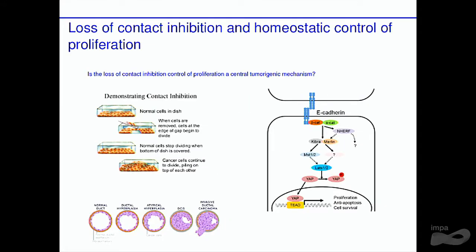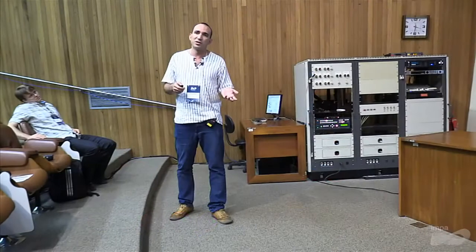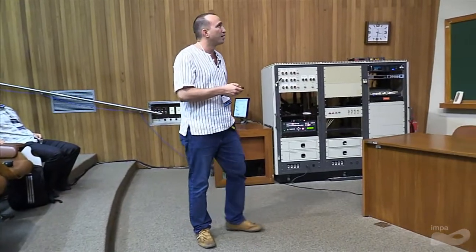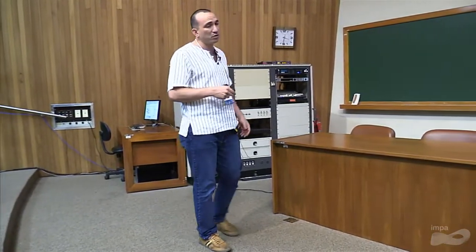One of the conditions for this proliferation to start happening is losing contact inhibition of proliferation.